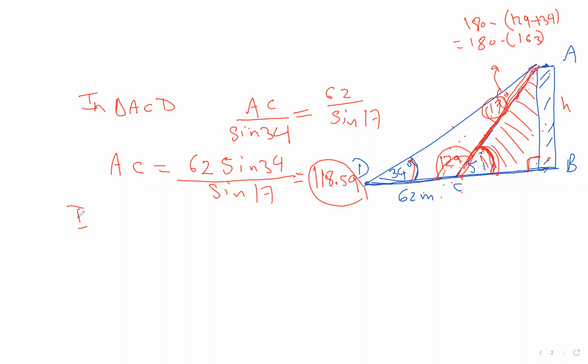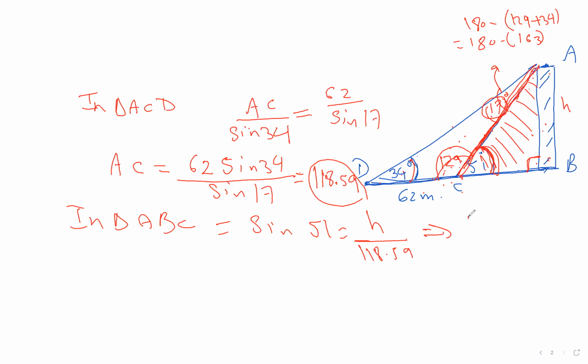So in triangle ABC, now you have one length and two angles. Then you can find it by using this ratio, which is sine or cosine or tan. Tell me, sine or cosine or tan? Sine. So sine 51 is opposite over hypotenuse, and you have got it now, 118.59.